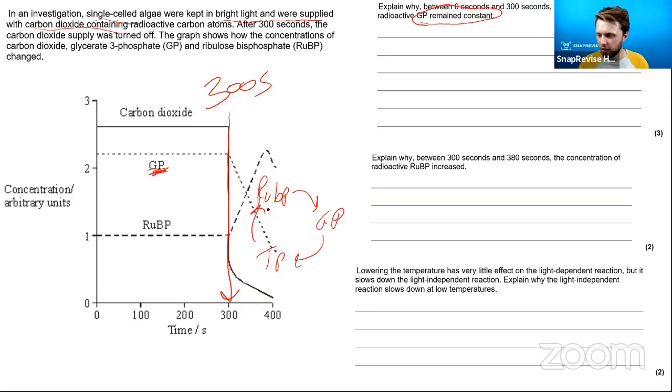Jaisal and Aisha. Basically, what you need to be saying for this question, because there's so much carbon dioxide, I'm going to word this really basically, so you have to listen to get the full 3 marks. Because there's carbon dioxide, you need to say that CO2 and RuBP are reacting, making GP.